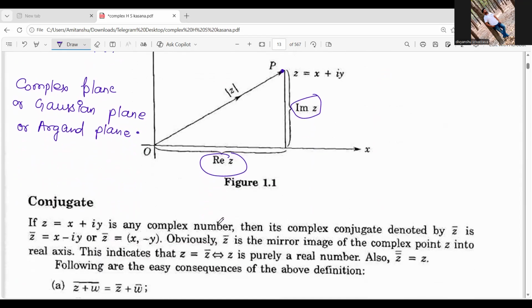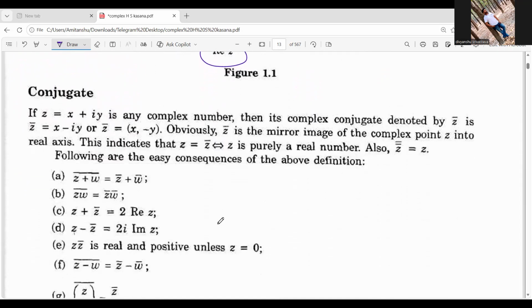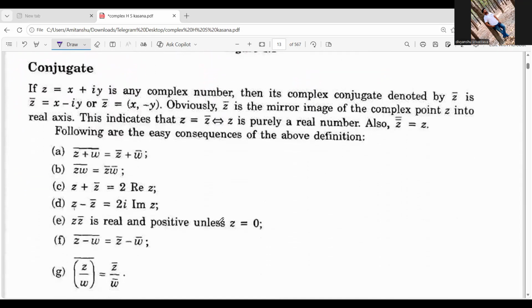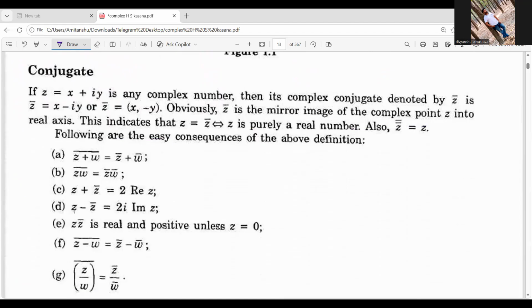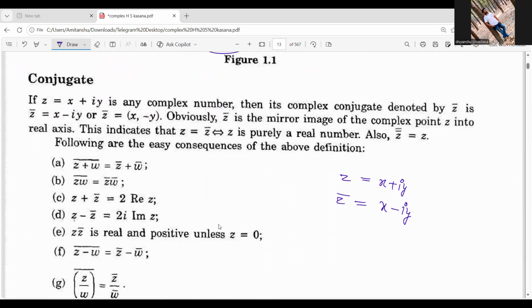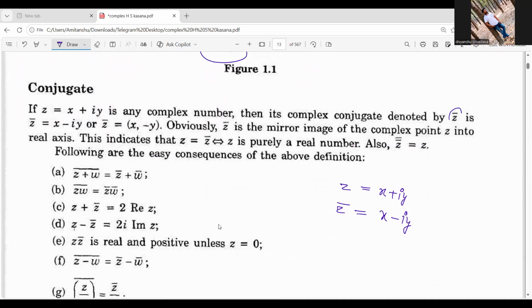Now the next thing is the conjugate. Conjugate is very important. When you have a number of the type x plus iota y, the conjugate is basically obtained by changing the sign, and you say this is your conjugate. The complex conjugate is denoted by z bar, and z bar is equal to x minus iota y.